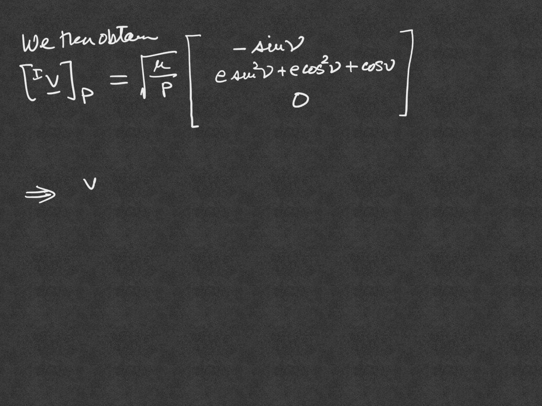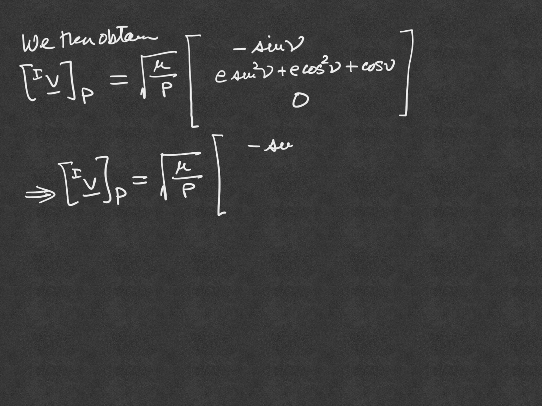So the inertial velocity expressed in the perifocal coordinates is the square root of mu over p times minus the sine of nu, and then e sine squared nu plus e cosine squared nu just becomes e plus the cosine of nu, and then 0.